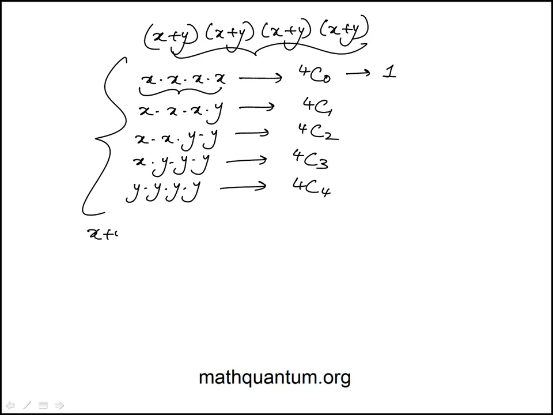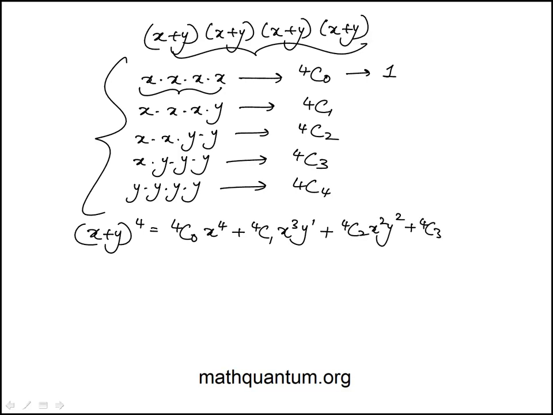So we can generalize this for this particular case. x plus y to the 4th would be 4C0 x to the 4th, then 4C1 x cubed y, or you can write it as y to the 1, 4C2 x squared y squared, 4C3 x y cubed, and then 4C4 y to the 4th. And if we were to write these as numbers, this is 1, this is 4, this is 6, this is 4, and that's 1 here.